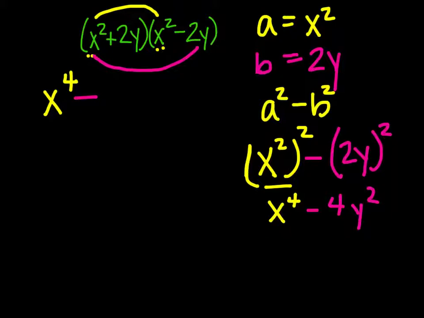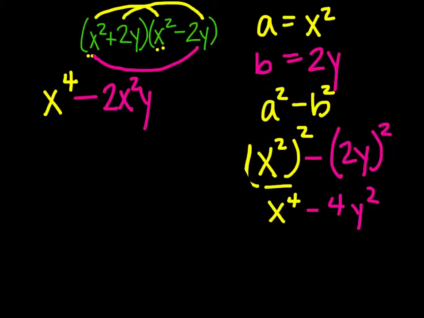So now let's go back to our equation here, and we are on our second step, that outside step. Doing that outside step, we have x squared times a negative 2y, so we end up getting negative 2x squared y, or we could rewrite that as negative 2yx squared. It doesn't matter, either one works.